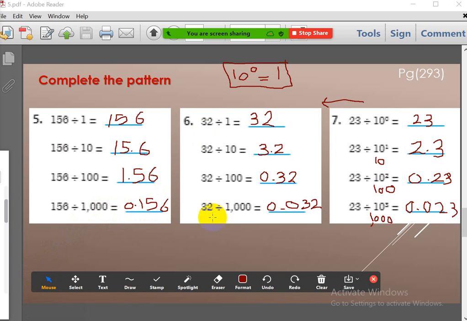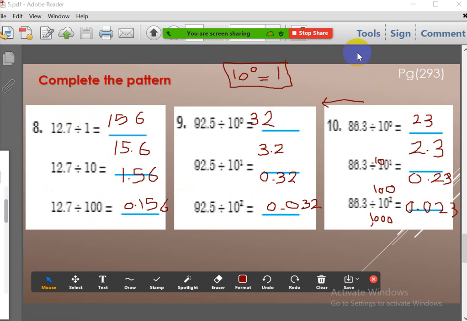Okay, I think all of you finished, but I will raise only number 5 and 6. I will leave number 7 for you if you didn't write it.